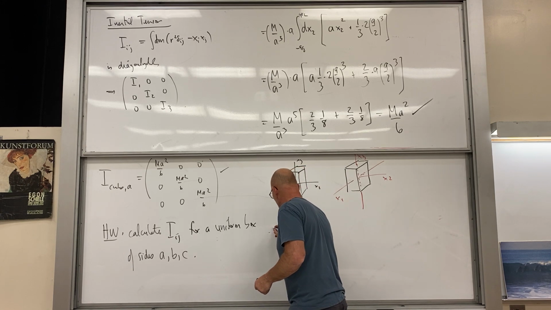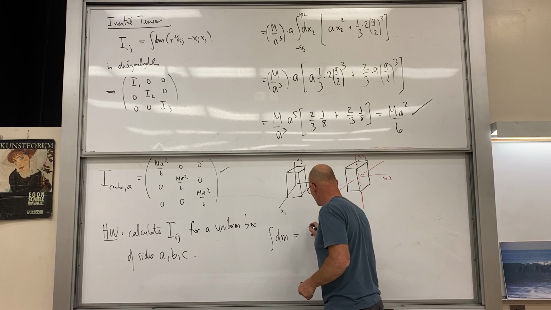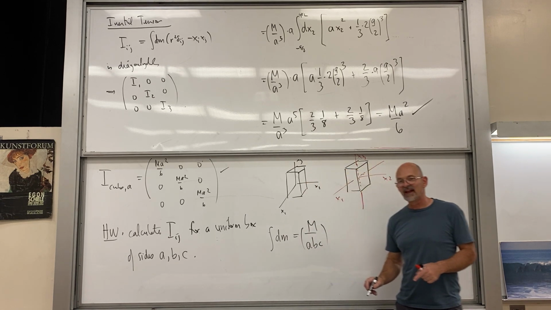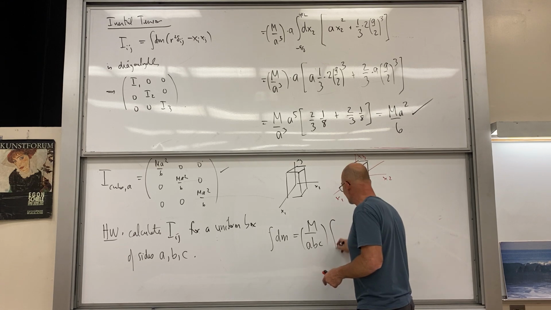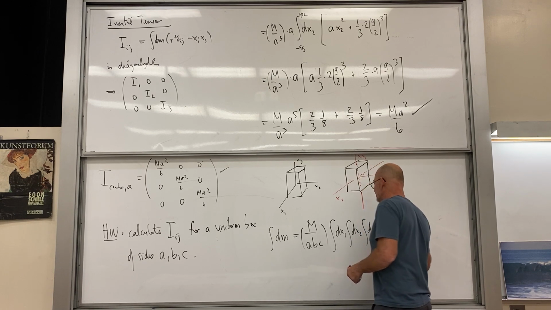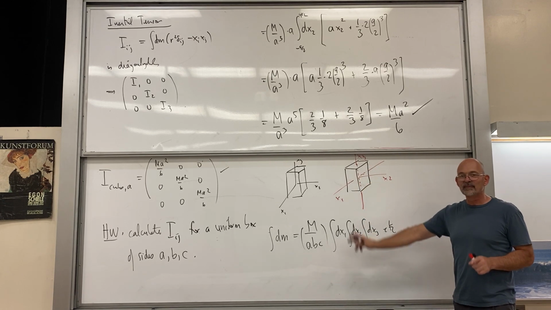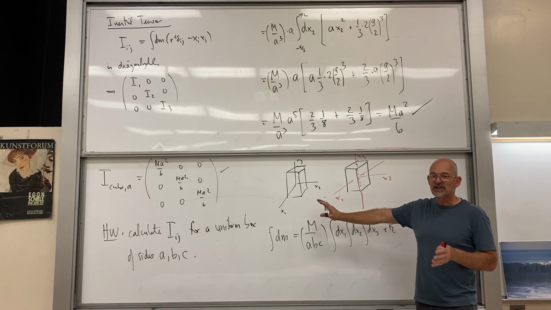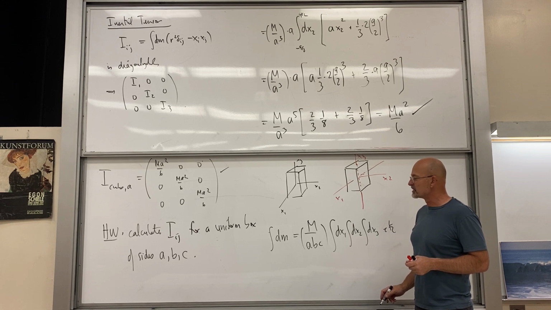So you're going to have your integral dm, of course, will be m over abc this time. I had m over a cubed, now m over abc, and then you'll have your dx1, dx2, dx3, etc. So it's the same as the calculation I did, but this will now be the fully general example of a rigid body.